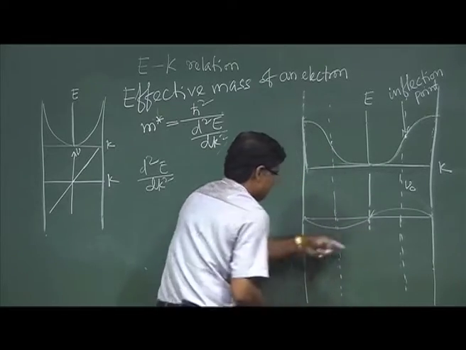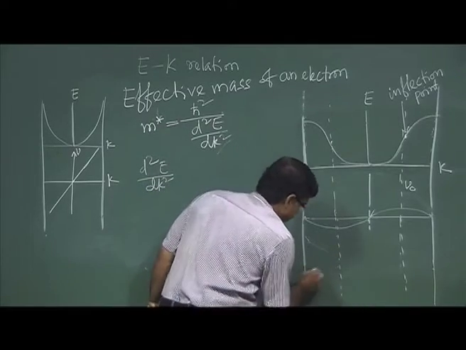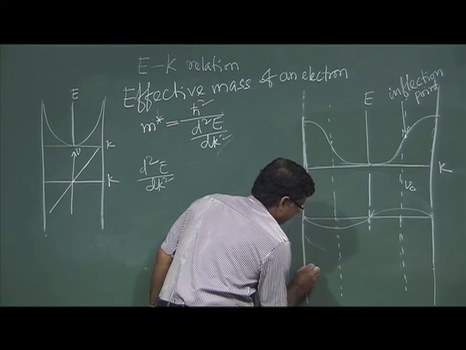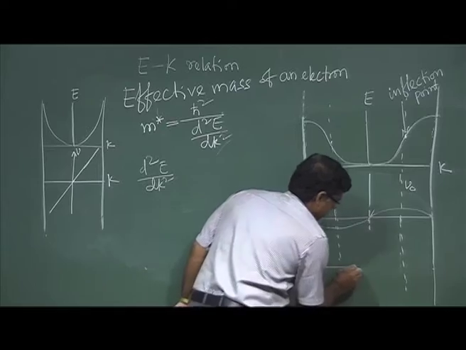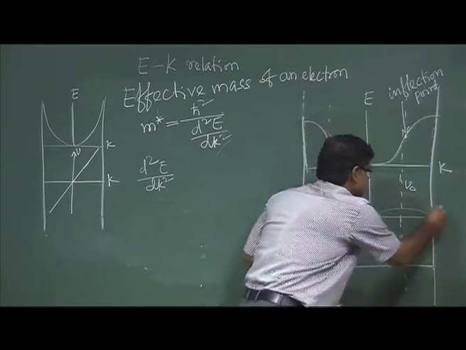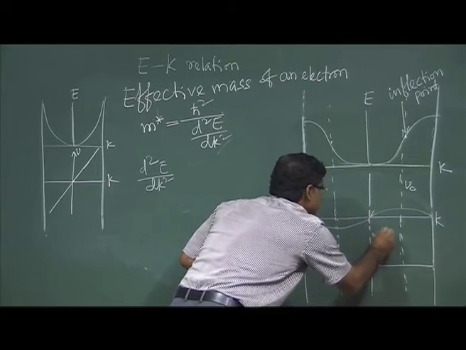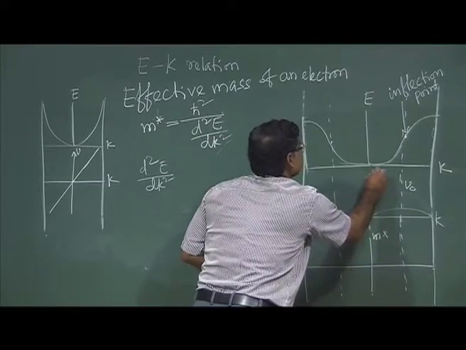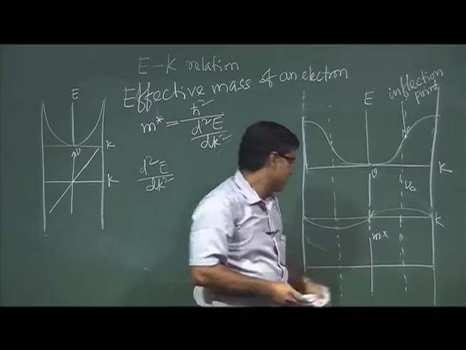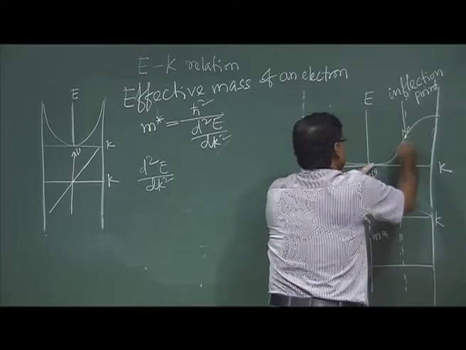So for mass, if I draw, this is the k axis, and the mass I am changing this way. This is the effective mass, this is the velocity, this is the energy, and in this case, this is the curvature, right.